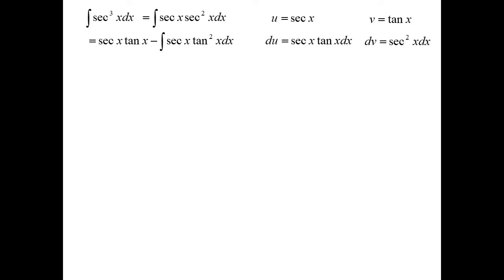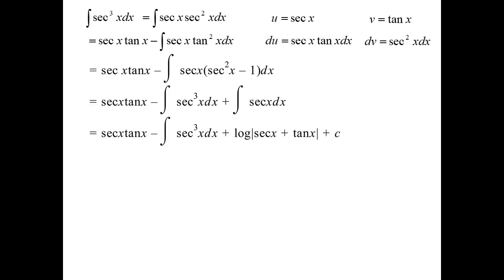So now let's rewrite that one. uv, sec x tan x, minus the integral of v du, sec x times tan squared. Oh, it's a shame those powers weren't the other way around. So what I'll do then is change the tan squared to sec squared minus 1, creating two integrals.